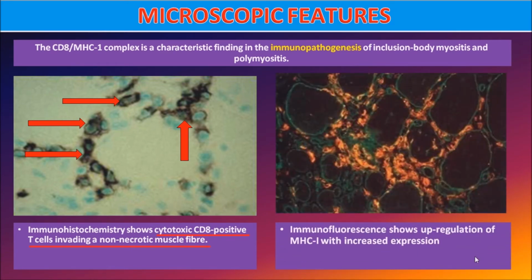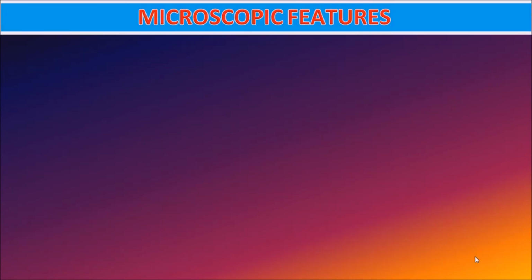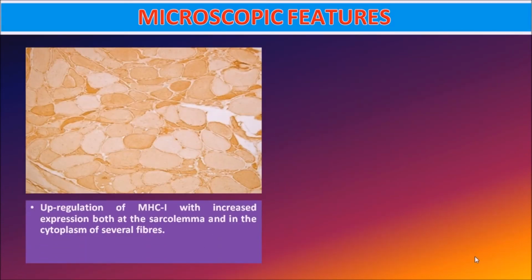Immunofluorescence shows upregulation of MHC1 with increased expression, both at the sarcolemma and in the cytoplasm of several fibers.